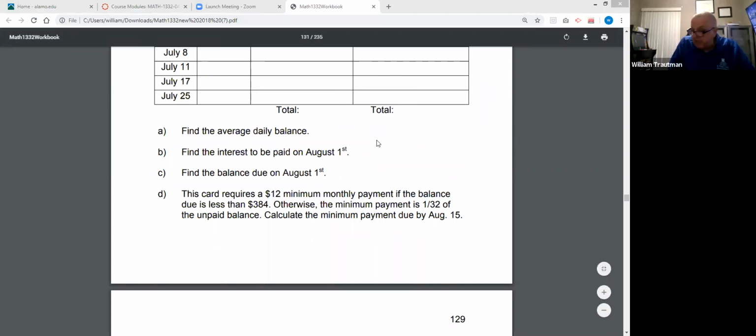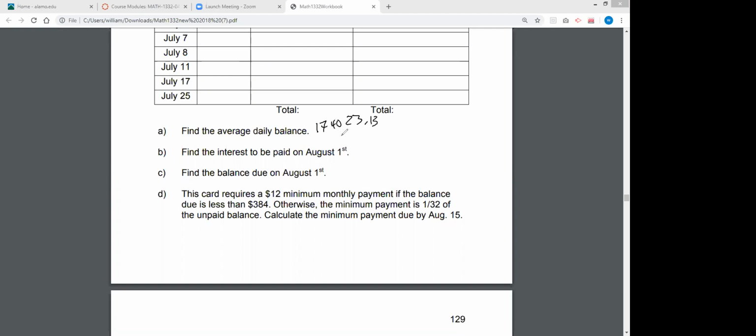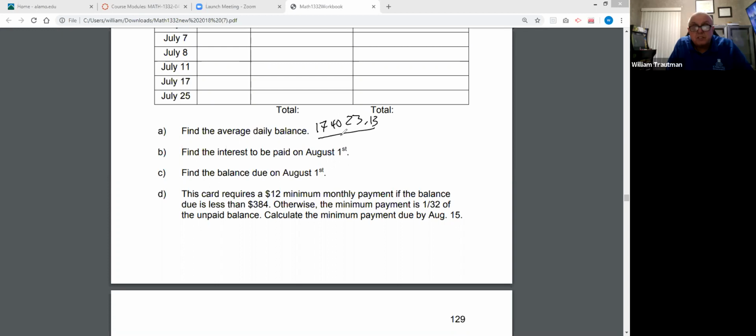Let me write this back down here. This was 174,023.03. I thought the daily balance was 5613.65. Yes. Well, let me calculate that. Hang on. Give me a second. Divided by 31, and we got 5613.65.